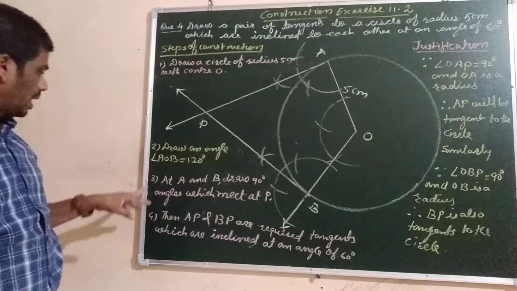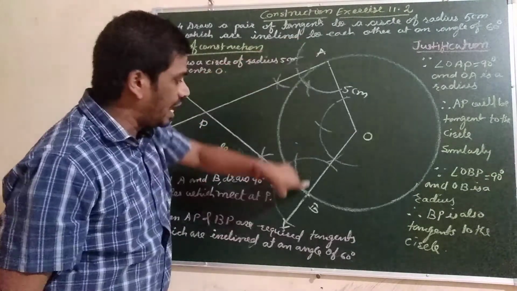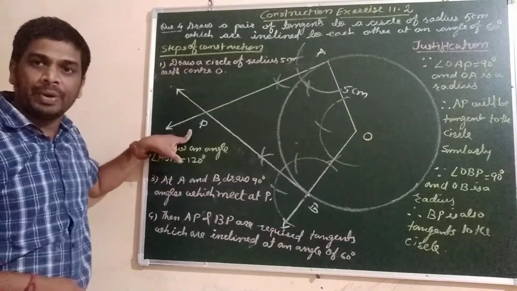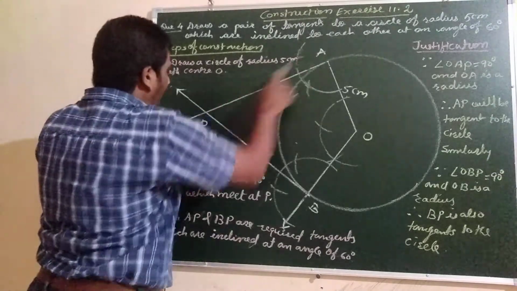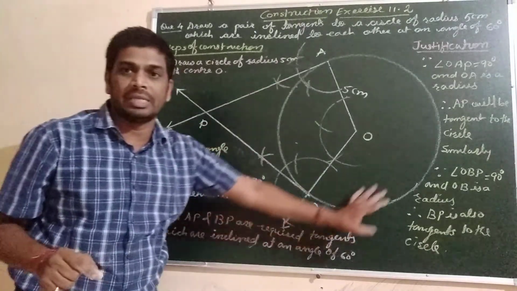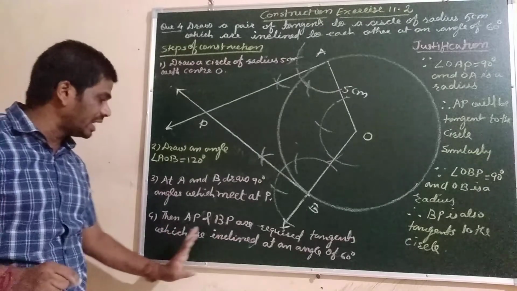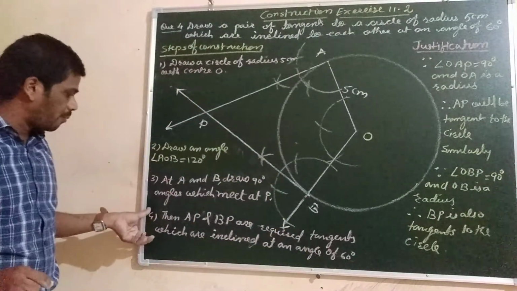Third, at the points A and B, we draw the 90 degree angles, which will intersect at the point P. Then the fourth point: PA and PB will be the required tangents to the circle, which are inclined at an angle of 60 degree.